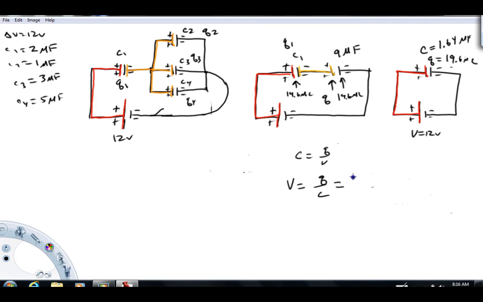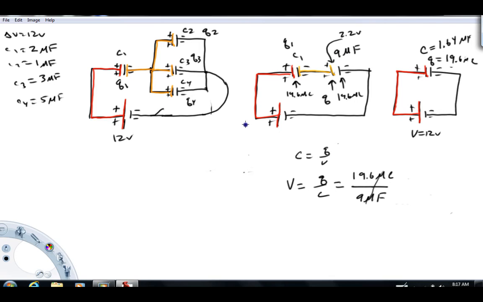The charge on it we just found to be 19.6 microcoulombs divided by the capacitance, which is 9 microfarads, and you notice the micros divide out. The voltage across that one is 19.6 divided by 9, basically 2.18, or let's just round that to 2.2. We're going to call this about 2.2 volts. That's going to be the voltage across that capacitor.